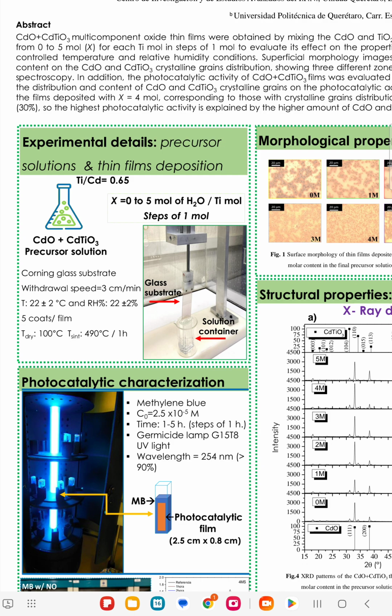The films were constituted of 5 coats, and after each one, drying and sintering treatments were made at 100 and 490 degrees Celsius, respectively, using a muffle in an open atmosphere.